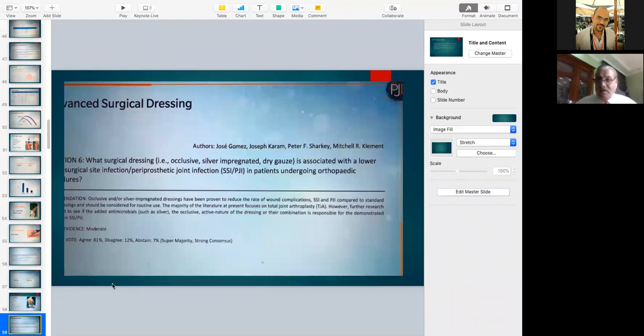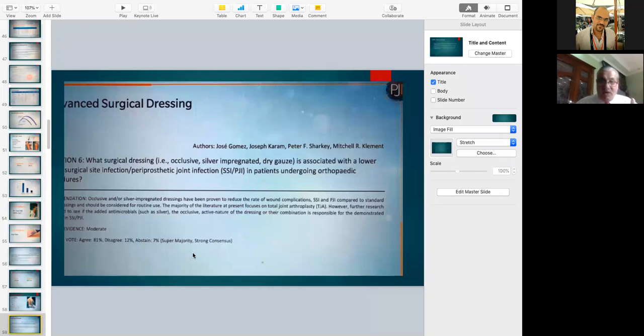But one of the questions in ICM: what surgical dressing, occlusive, silver impregnated or dry gauze, is associated with lower SSI and periprosthetic joint infection in orthopedic surgery? The recommendation is that occlusive and or silver impregnated dressings have been proven to reduce the rate of SSI and PJI.